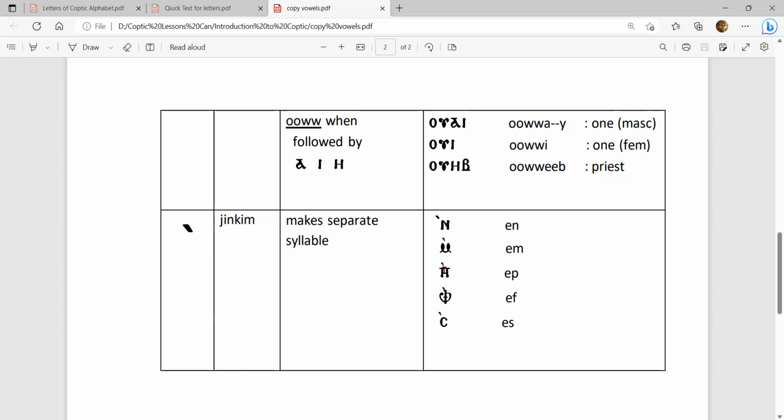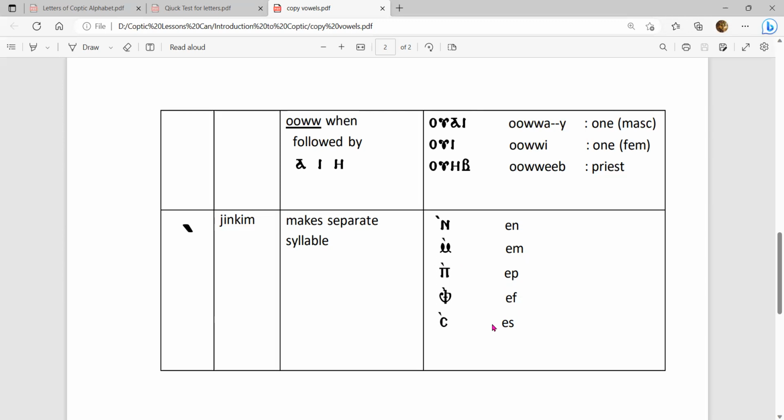When we have a P with a jinkim, we read it as ep. When we have the fe with a jinkim, we read it as F. When we have a sima or an S with a jinkim on the top, we read it as S. Independent.